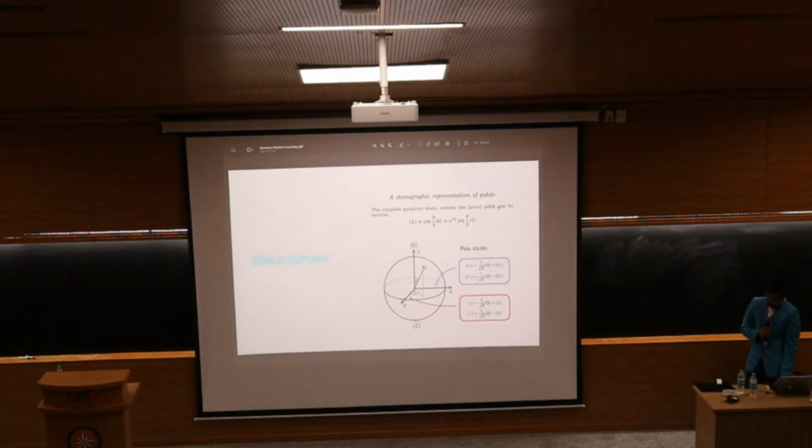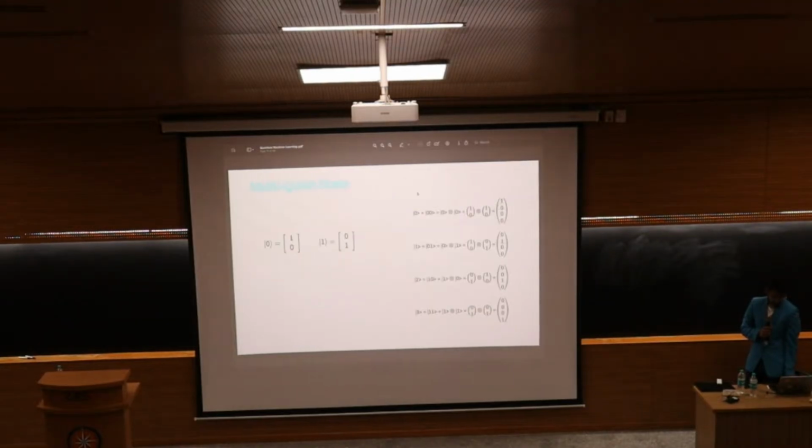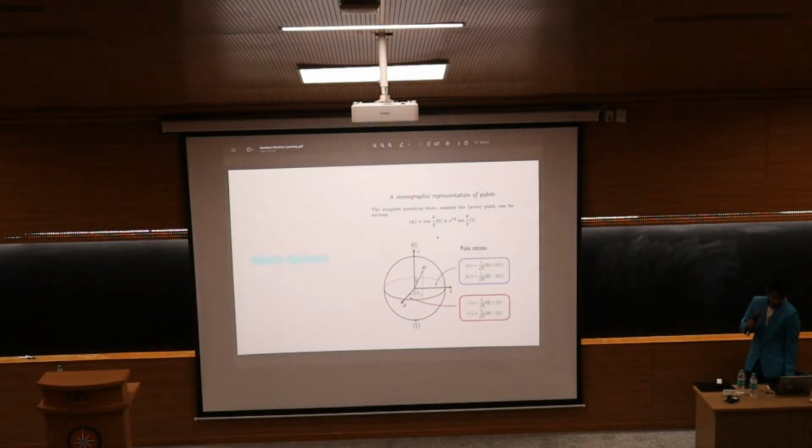So we saw that this is our 0 and this is our 1. If we take a dot product between 0 and 1, what should we get? 1 into 0 plus 0 into 1, that is basically 0. So what this means is these two vectors are 90 degrees with each other. But if you see in this Bloch sphere, the 0 and 1 are not 90 degrees to each other.